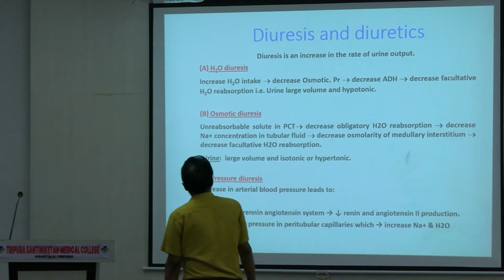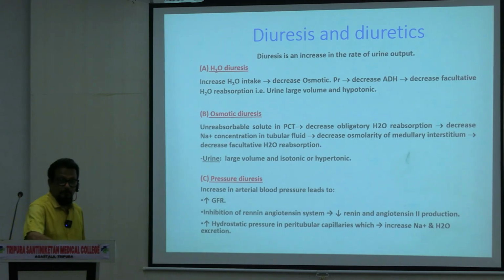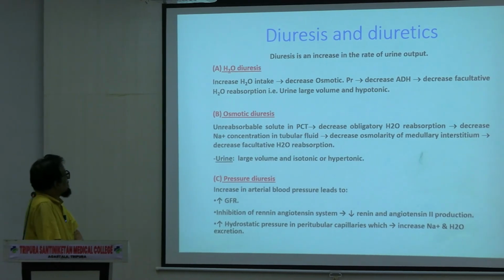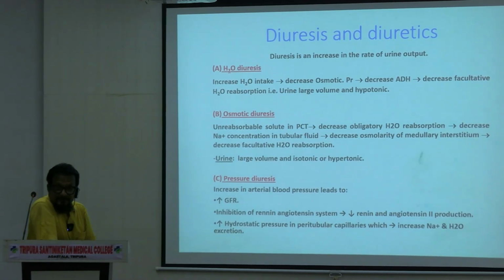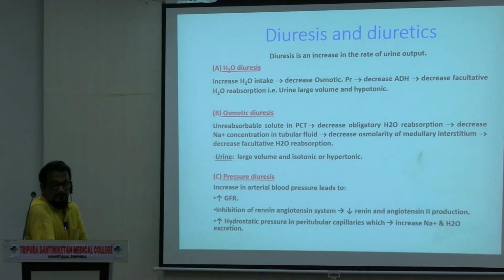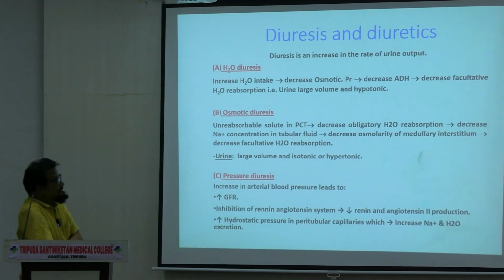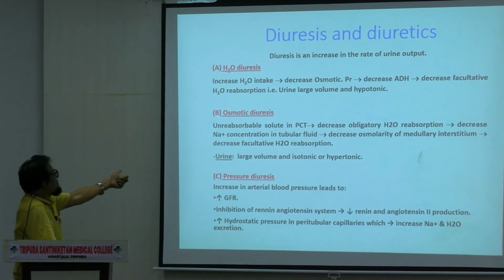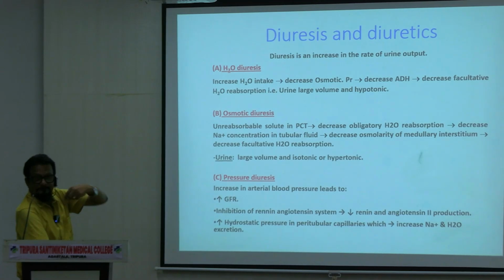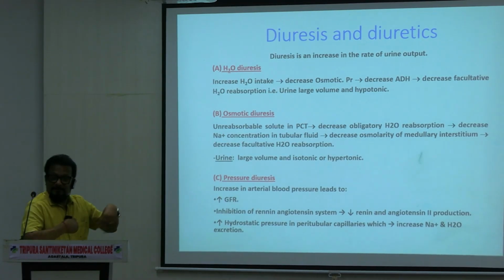Now, there are two types of diuresis. One is water diuresis, another is osmotic diuresis, and there is also pressure diuresis. What is water diuresis? Increased water intake decreases osmotic pressure everywhere.